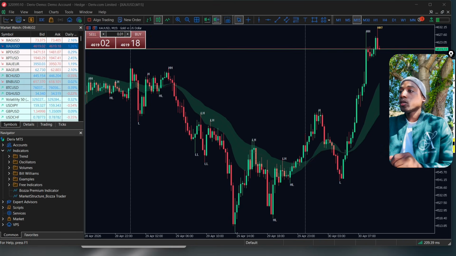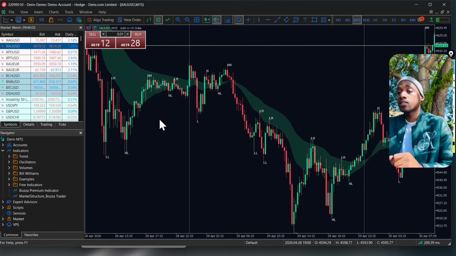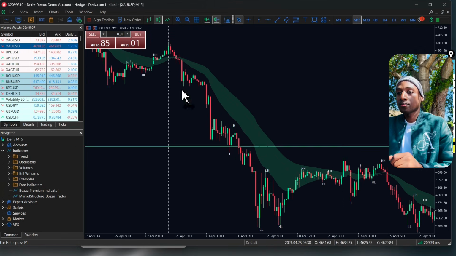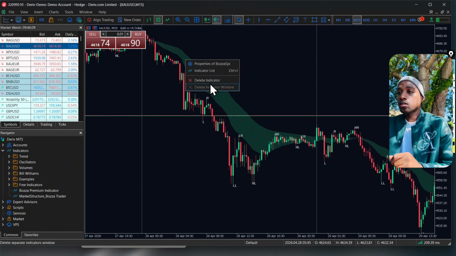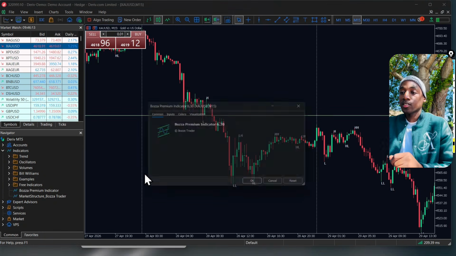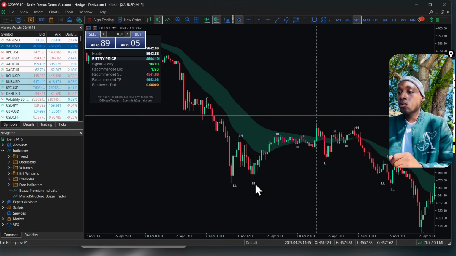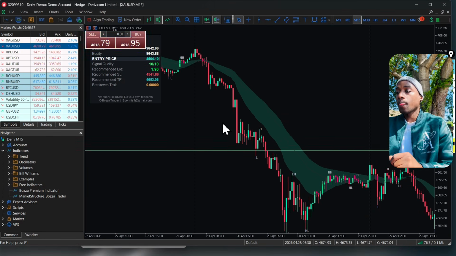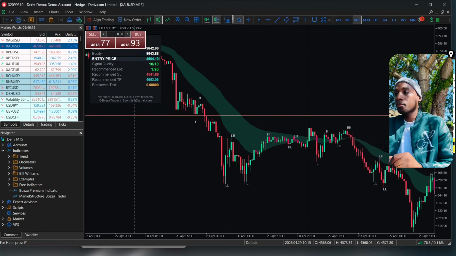So let's look at another day. Let's remove the indicator for now and edit again, because for some reason it did not load the chart. Okay, now let's look at this day here.